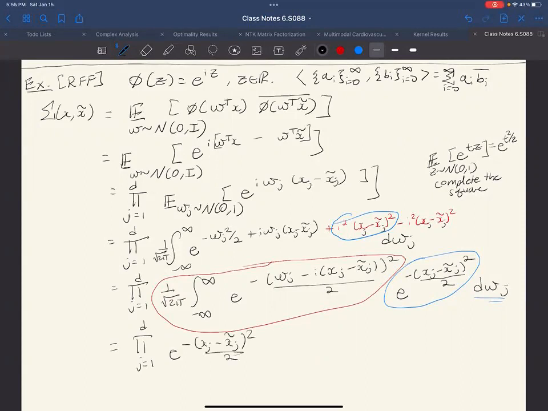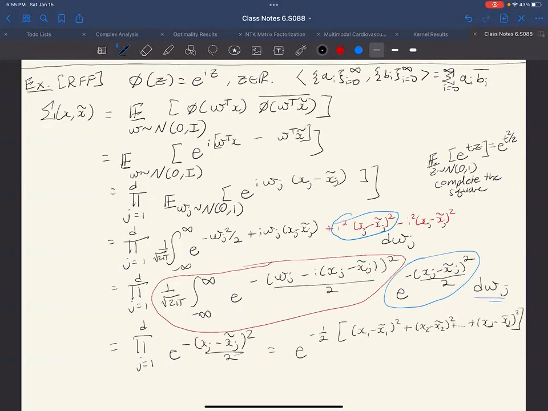Great. So now we can actually simplify this a bit further, because now the product we just rewrite as a sum. And expanding out terms, so we'll have a negative 1/2 times the sum x1 minus x1 tilde squared, x2 minus x2 tilde squared, up to xd minus xd tilde squared.